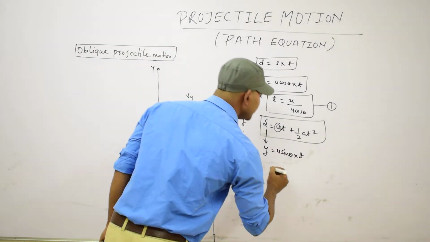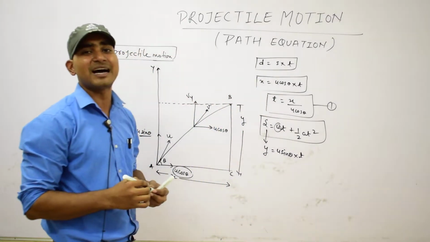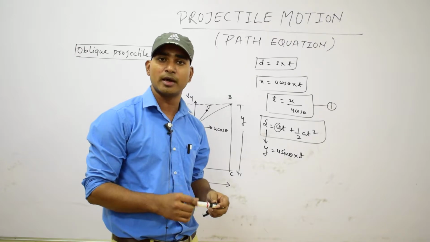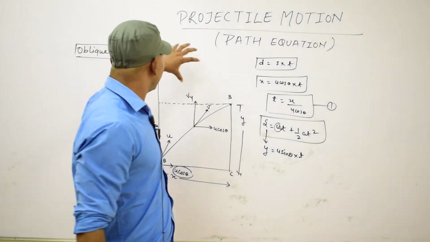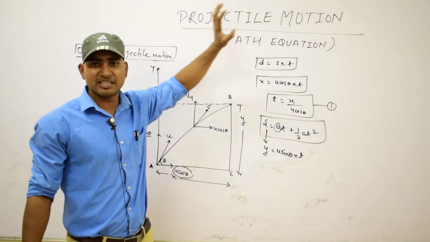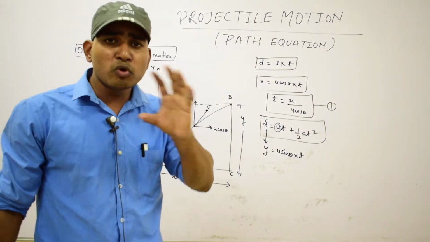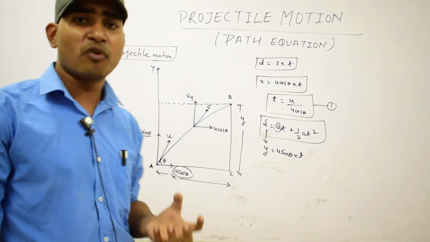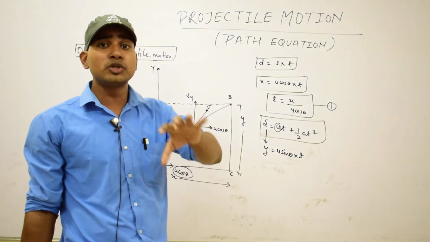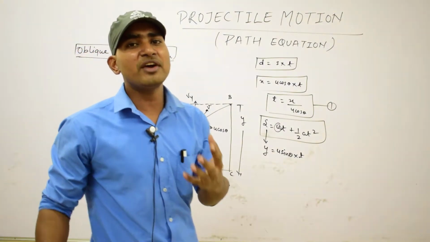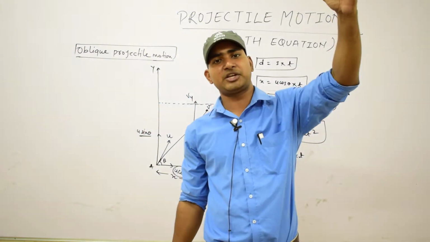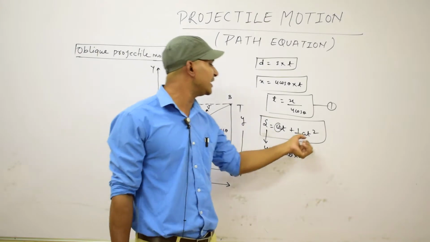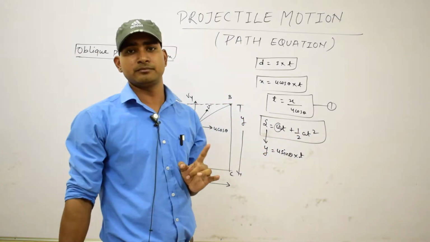Okay, now see here, plus half at square. The basic formula is s is equals to ut plus half at square, but in the basics of projectile motion I have explained that here the whole motion is considered only under gravity, means whatever the acceleration will be there, that is due to gravity only. So if any body is moving in an upward direction, it is the case of retardation, that is why in place of a I have to take minus g.